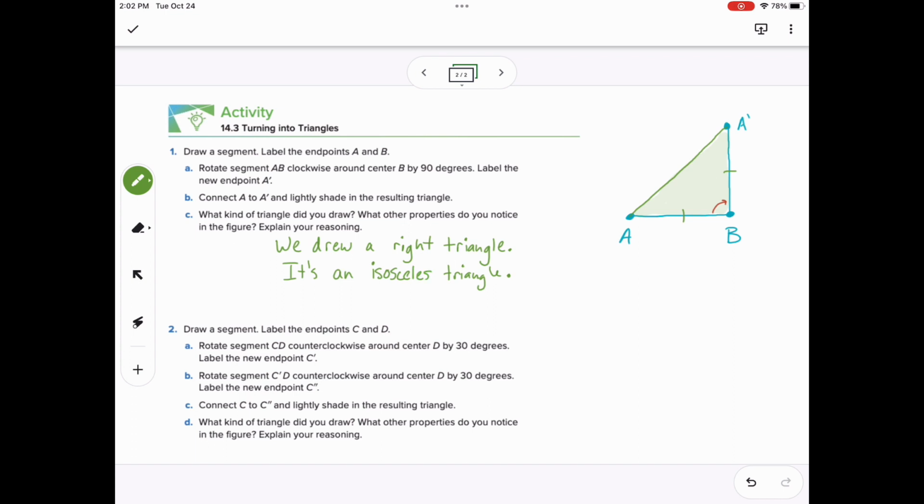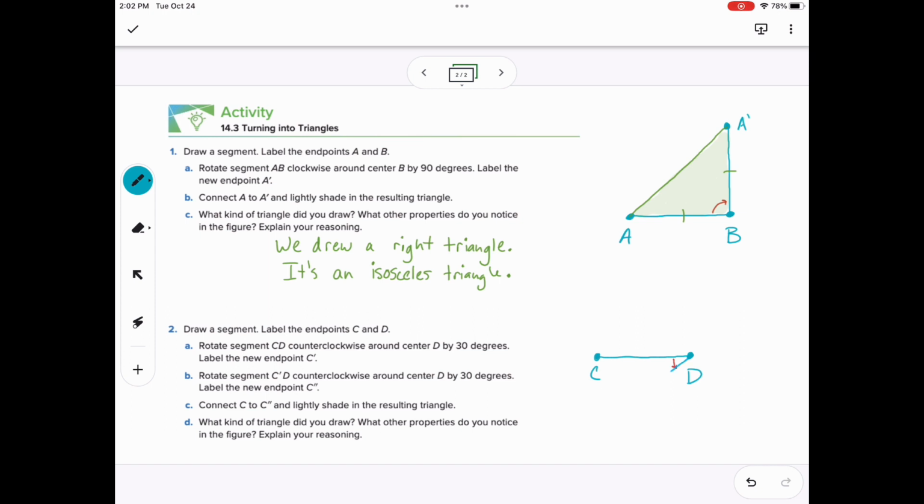Okay. Number 2 wants us to start out the same way. Draw a segment and label the endpoints C and D. And then from there, they want us to rotate that CD counterclockwise in the same respect and make a 30-degree angle.